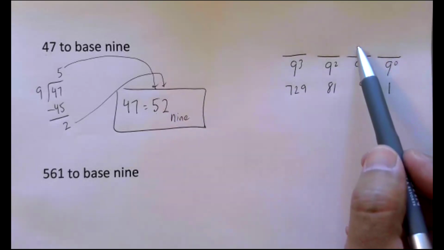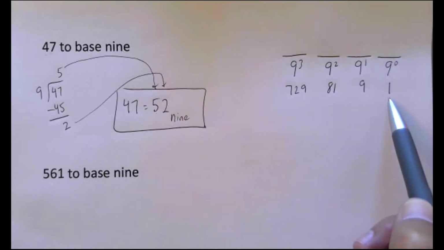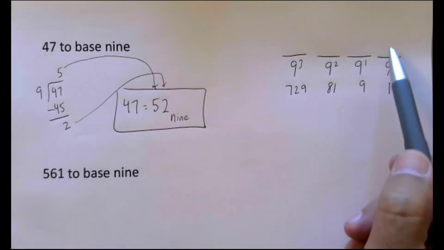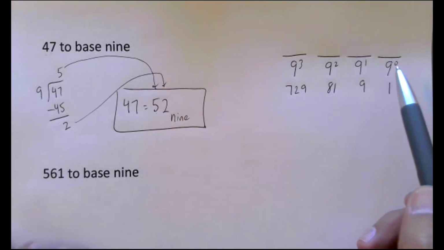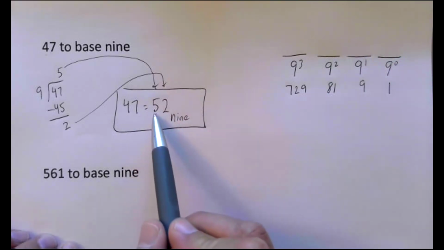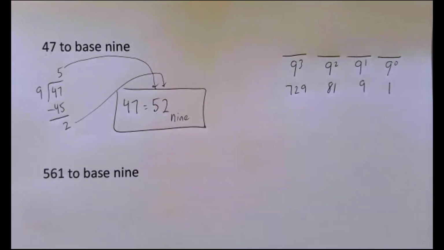Remember, there's a 5 here and a 2 here. So 5 sets of 9 plus 2 sets of 1. That would be 47. Think about it. 5 times 9 plus 2 times 1. 45 plus 2, right? And so we're saying 47 equals 5 sets of 9 plus 2 sets of 1, which it does.